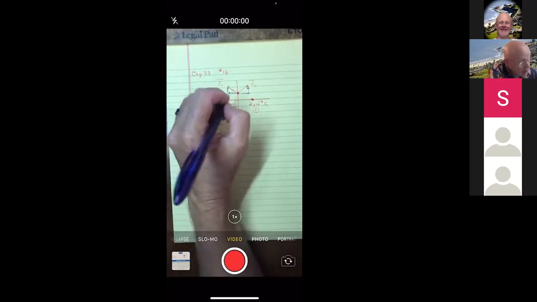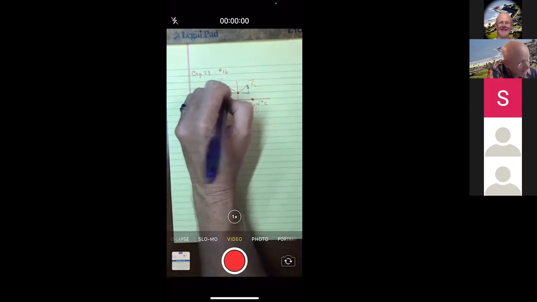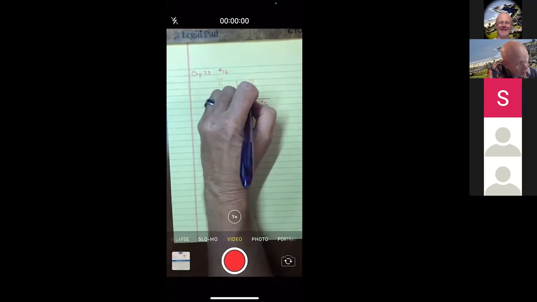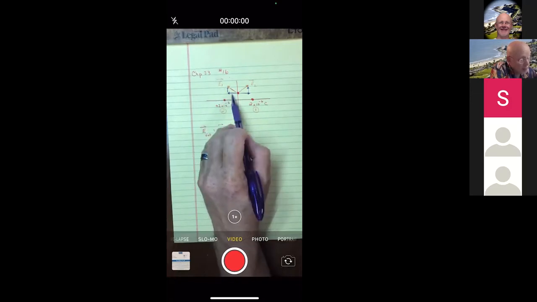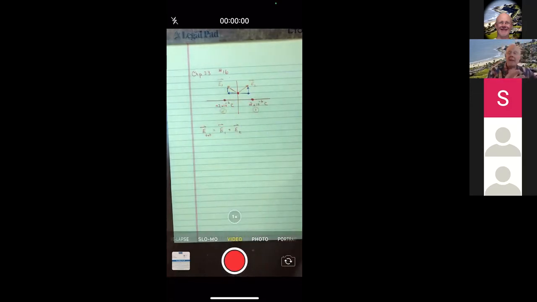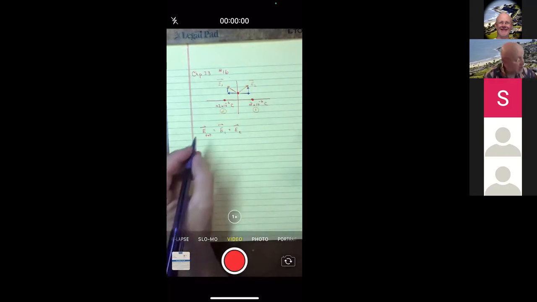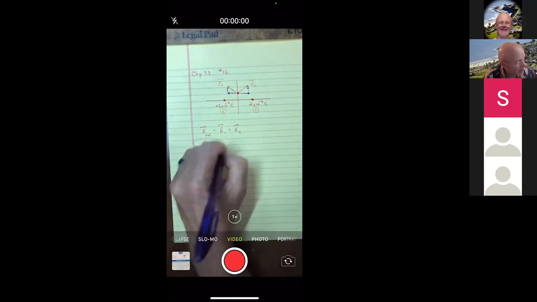As a consequence, the horizontal field from number 1 going left and the horizontal field from number 2 going right are equal in magnitude, opposite in direction, and therefore cancel out. So the good news is we can just say the field in the X direction is going to be 0.